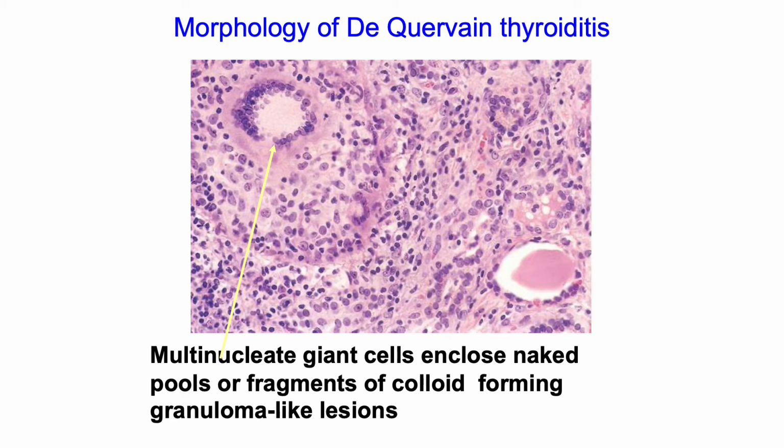And here you can see that there are fragments of colloid seen at places. So the granuloma is characterized by these multinucleated giant cells and occasional epithelioid histiocytes. This is the classical feature of de Quervain thyroiditis.